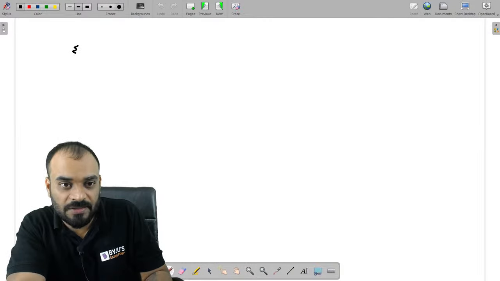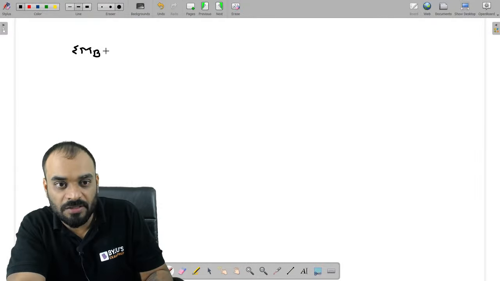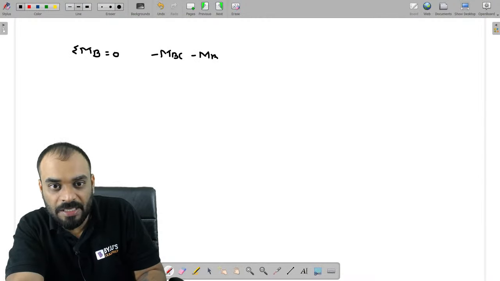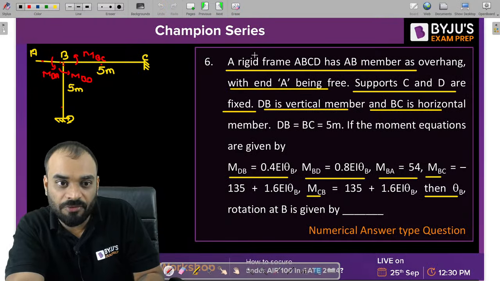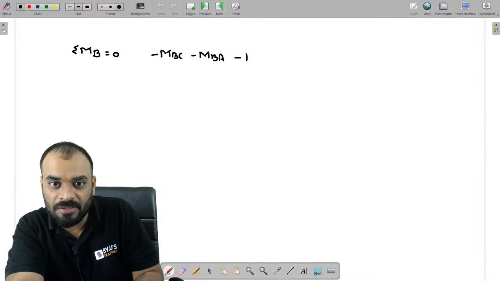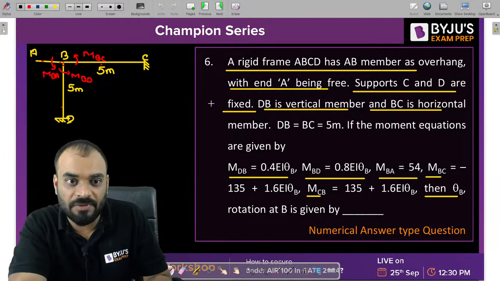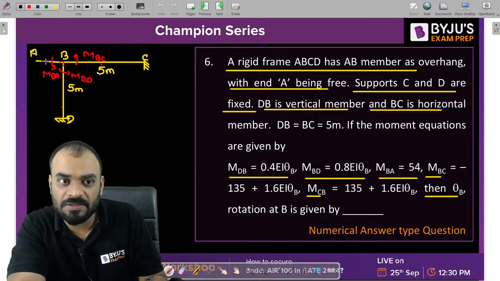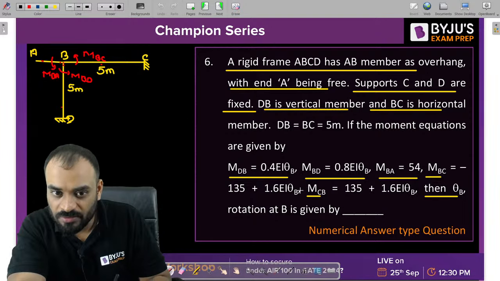So summation of moment at joint B is equal to 0: minus MBC, minus MBA and minus MBD is equal to 0. Now what is the value of MBC? It cannot be 0.